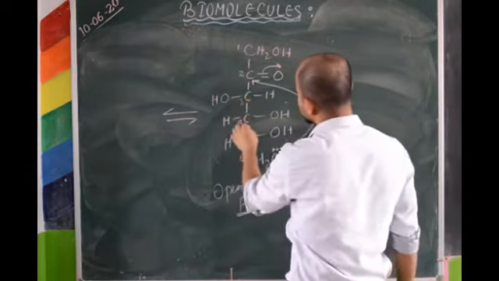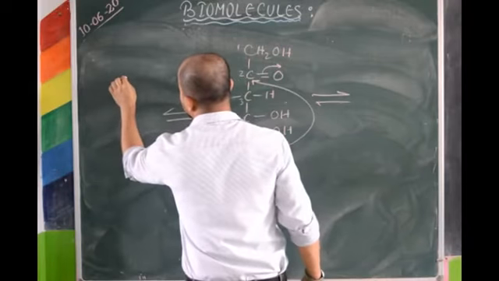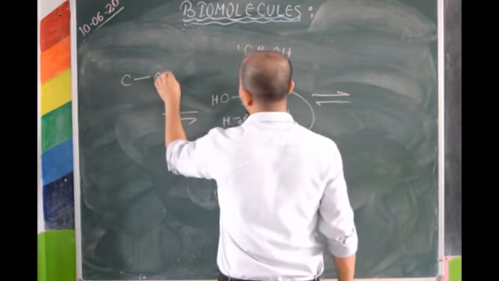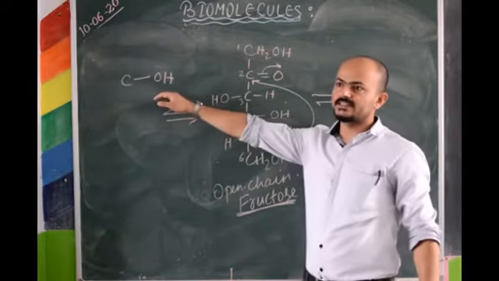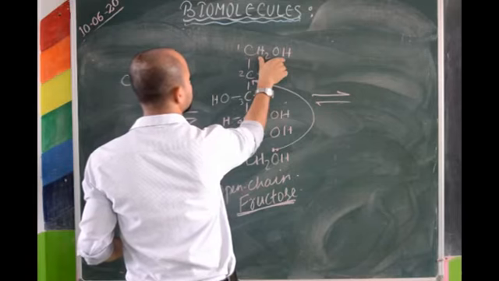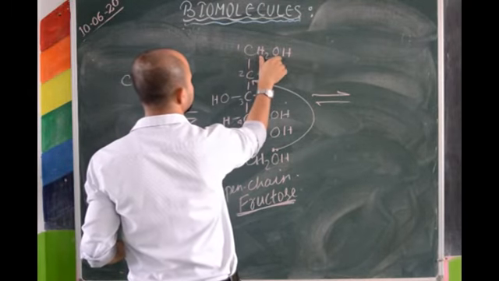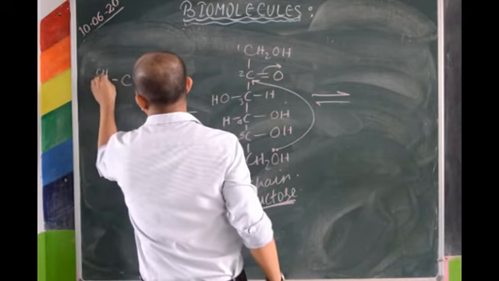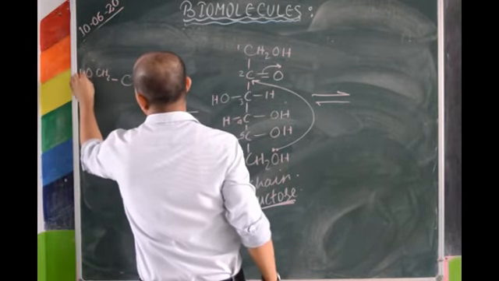While writing this, we have to start with carbon number 2. You can have OH this side, and this carbon is attached to carbon number 1, which contains the CH2OH group.